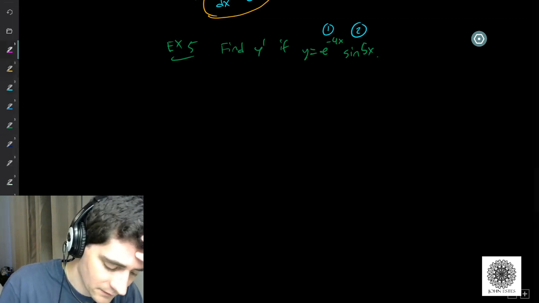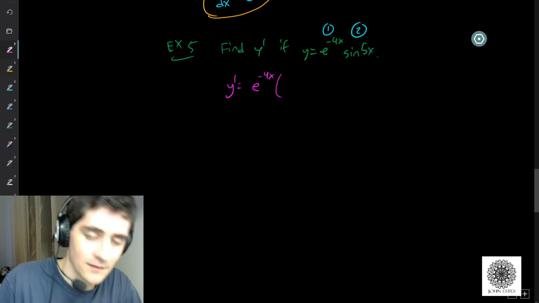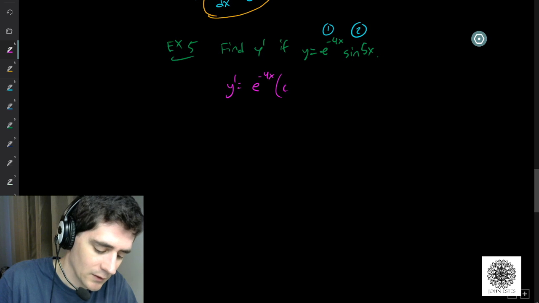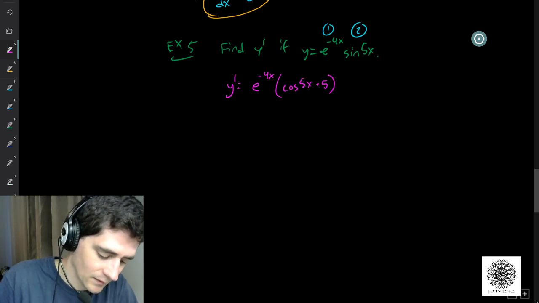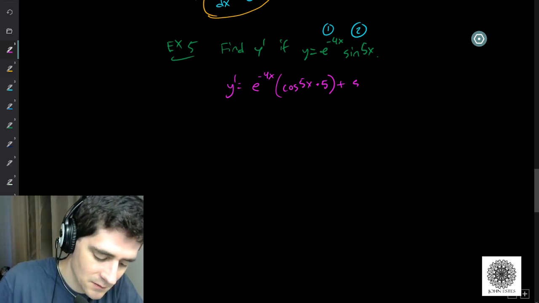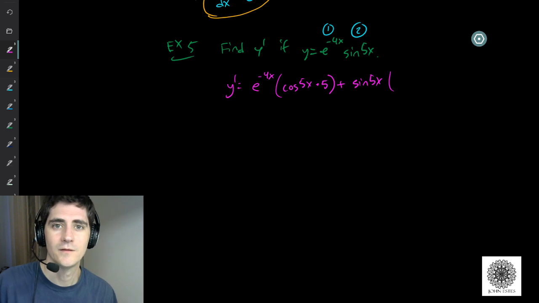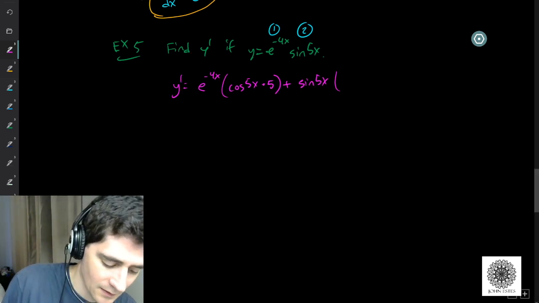When I take the derivative, y prime equals first, that's e to the negative 4x, times the derivative of the second. The derivative of sine 5x is what? Cosine 5x times the derivative of what's inside. That's chain rule. So there's 1 d2, plus 2, that's sine 5x, times, this is the thing that's new for us, d1, the derivative of e to the negative 4x. What was it?